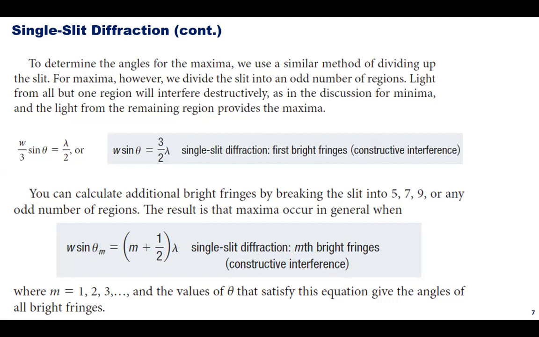The location of the fringe is given by this formula: a third of W times sine theta equals 1/2 of the wavelength, right? This is a relationship among the three variables in the first bright fringes.